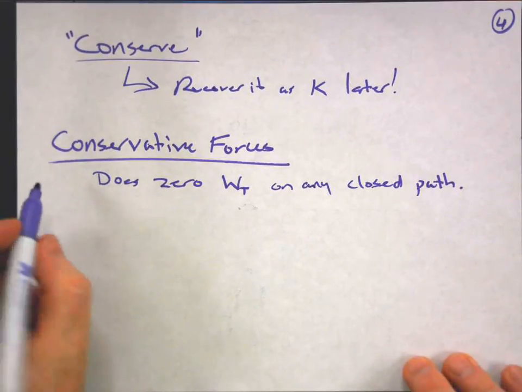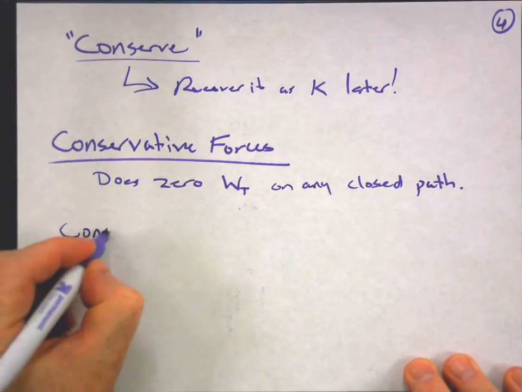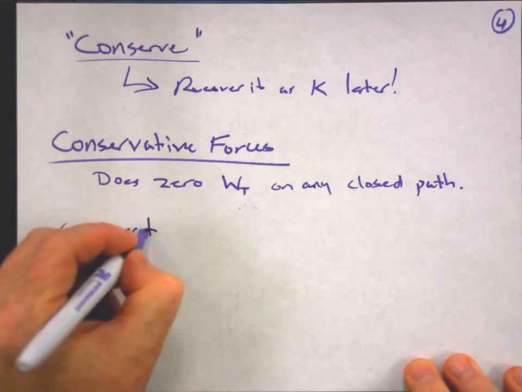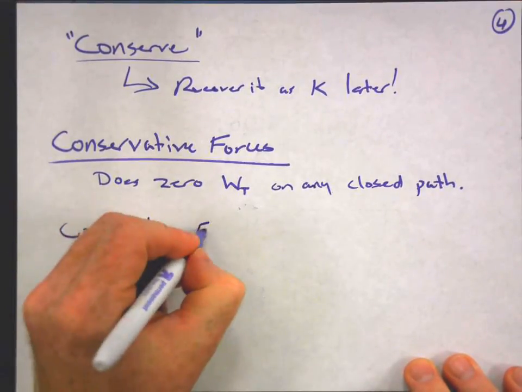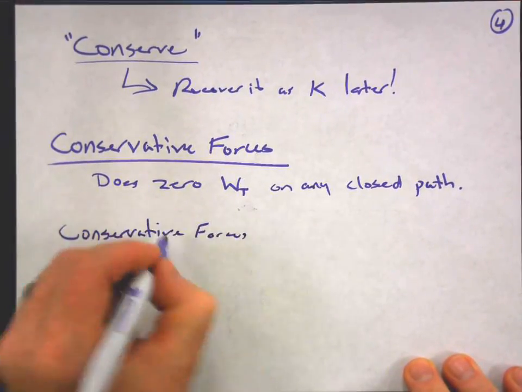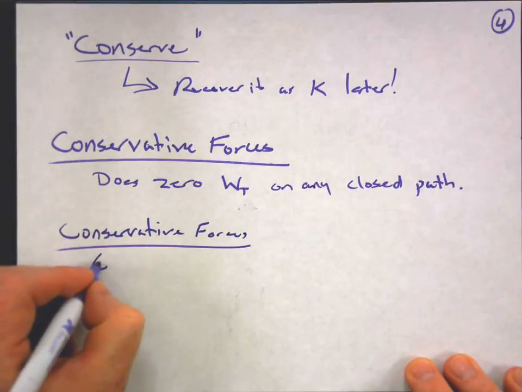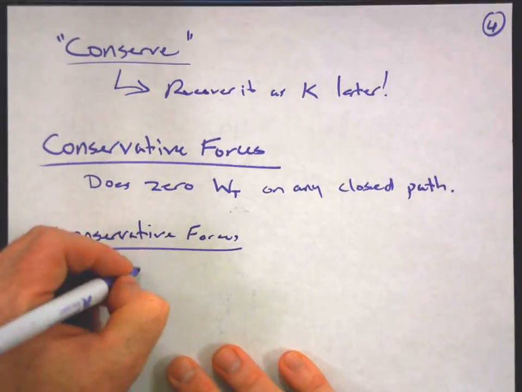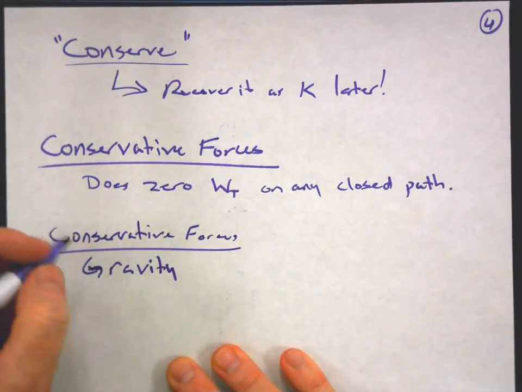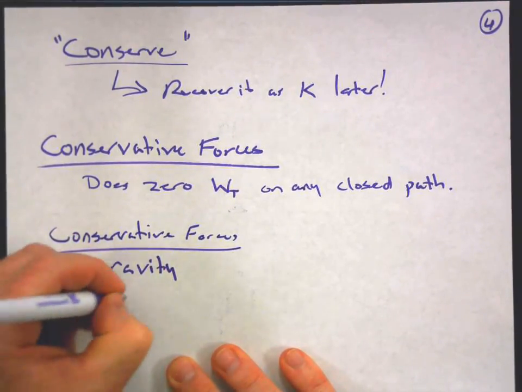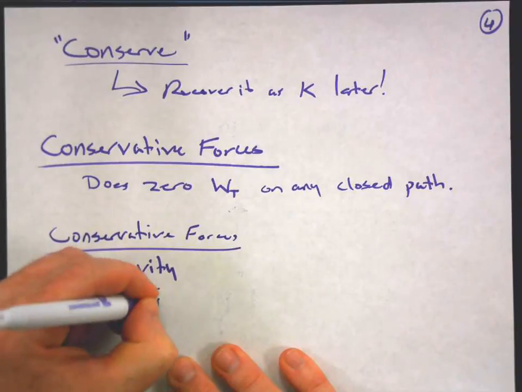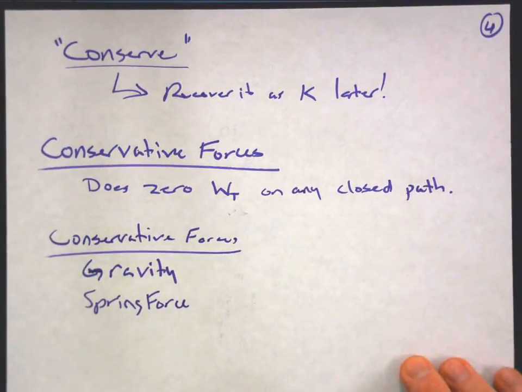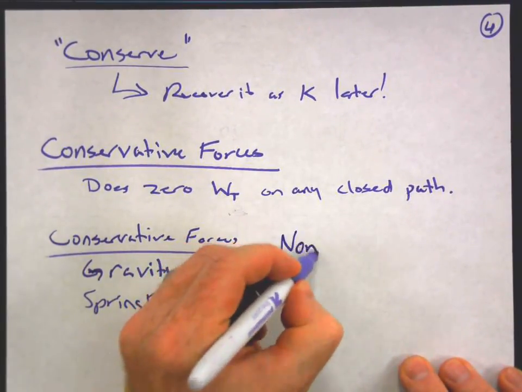Some examples, real quick, of conservative forces. You already know one, gravity. There's two important ones. Gravity, and there's another one that we will use a lot, spring force, is a conservative force. How about non-conservative forces?